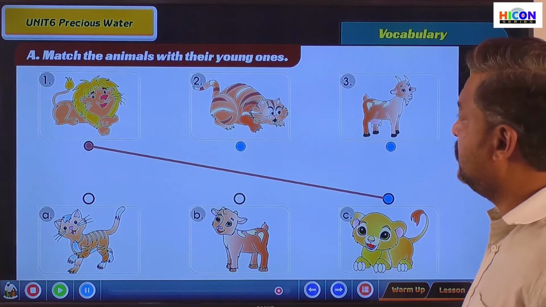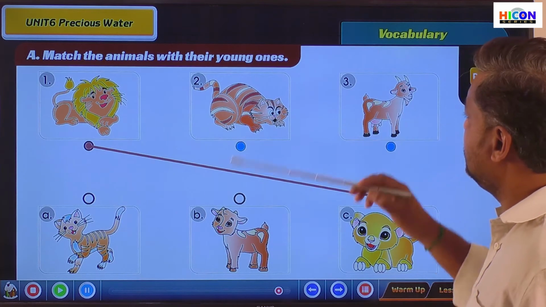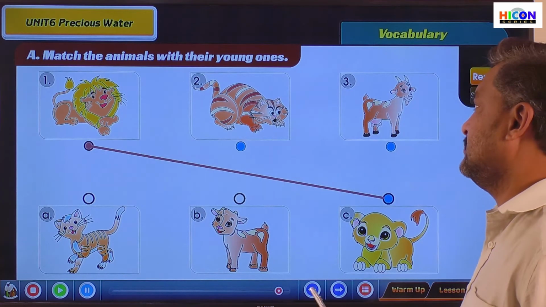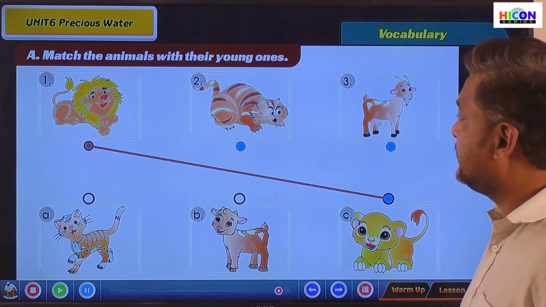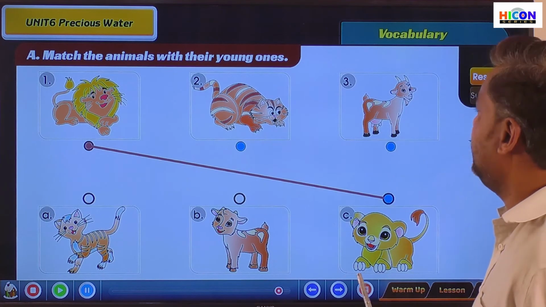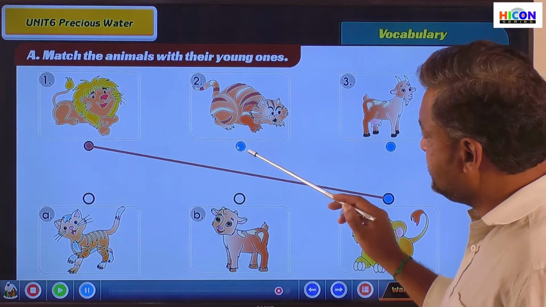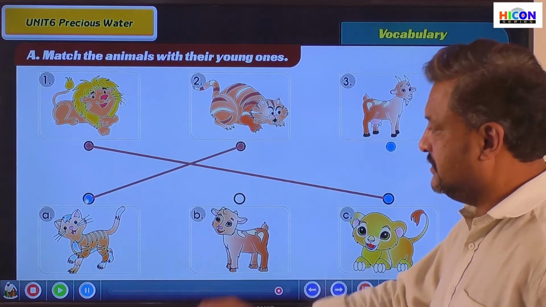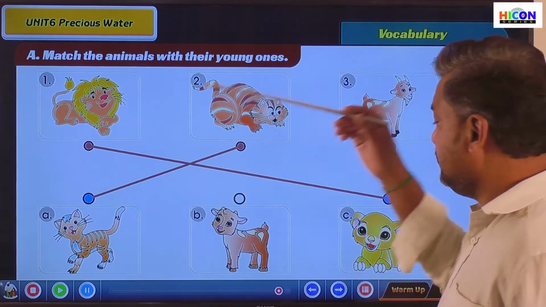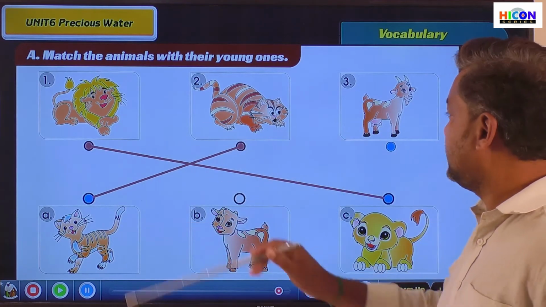Right? Now, what is this? It's a cat. Right? And what do we call the young one of a cat? It's a kitten. Right? Kitten. Lion, cub, cat, kitten.